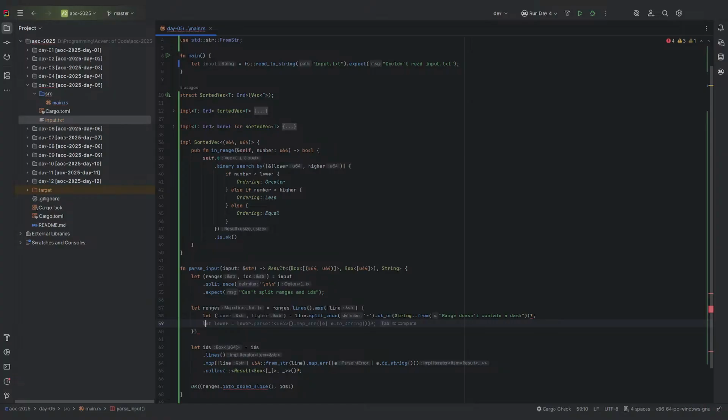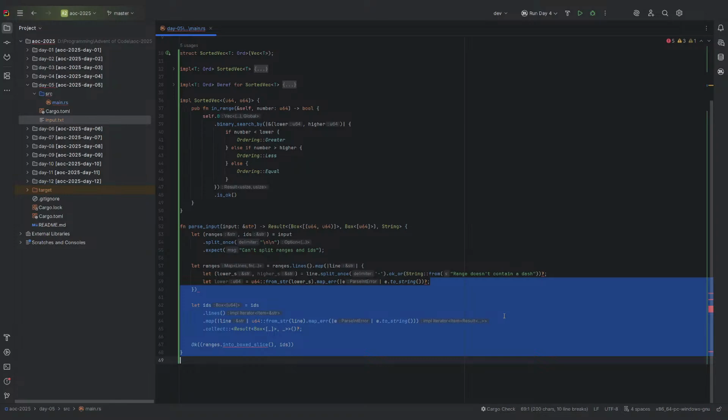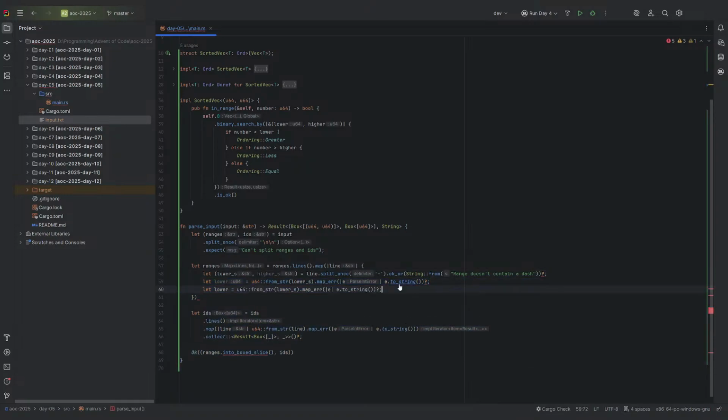I can... from string... let's now do the same for the higher bound.